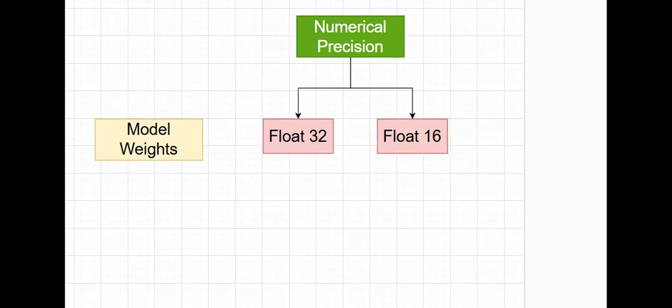So if we consider the numerical precisions, that is 32 or 16, we are representing the weights in the form of either float 32 or float 16.